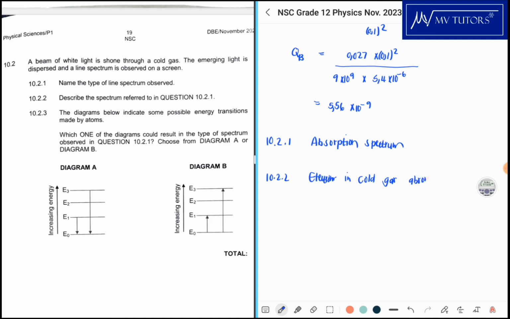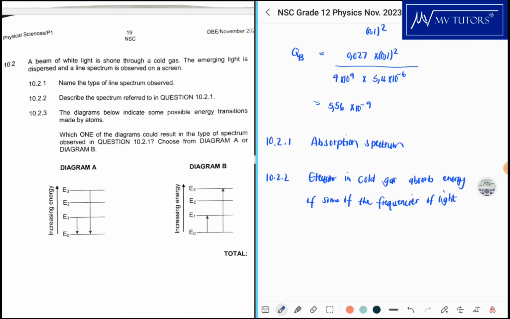Okay, electrons in cold gas absorb the energy of some of the frequencies of that light.